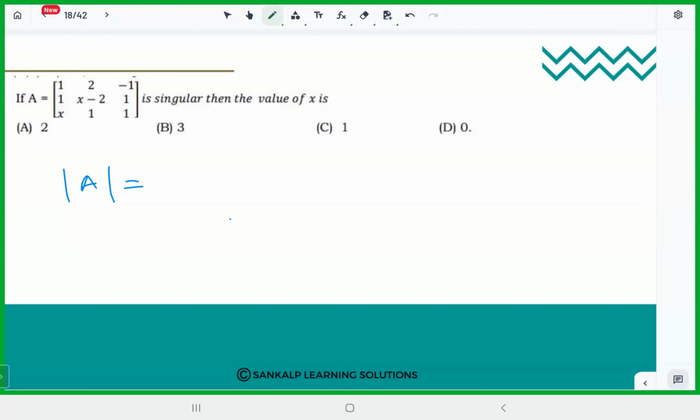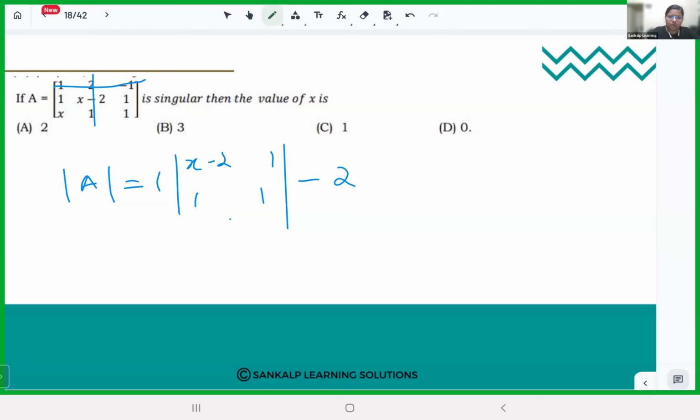So it will be 1 into, you have to eliminate this column and this row. That is equal to x minus 2, 1, 1, 1. Then minus 2 into 2 into, you have to eliminate this column and this row. What is remaining? 1 1 x 1.